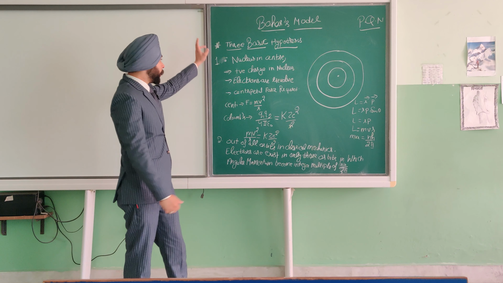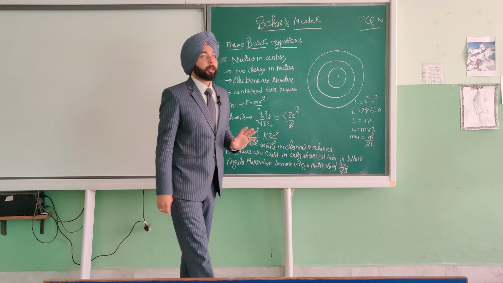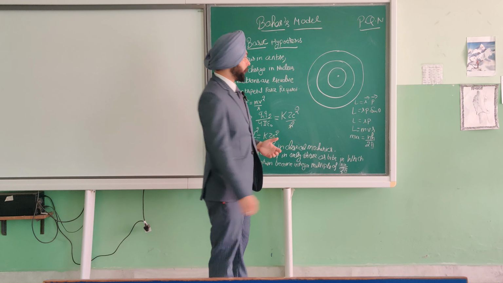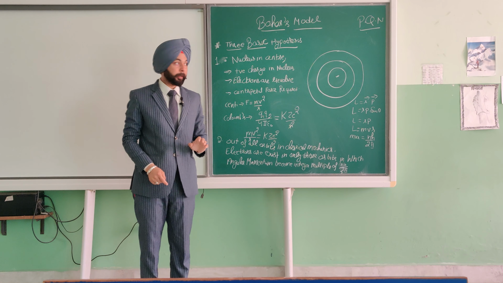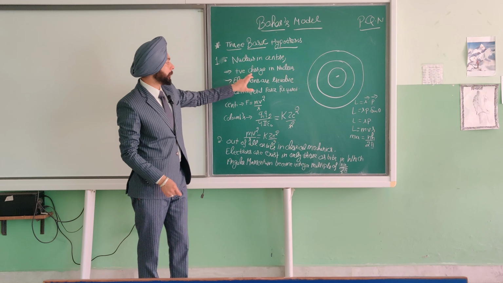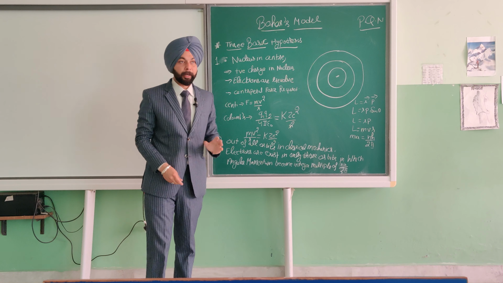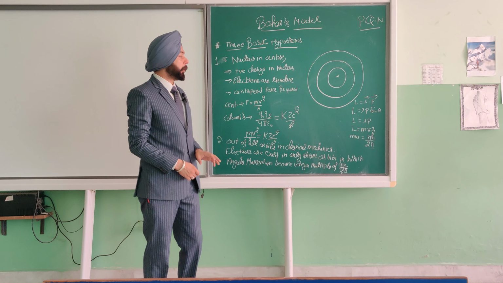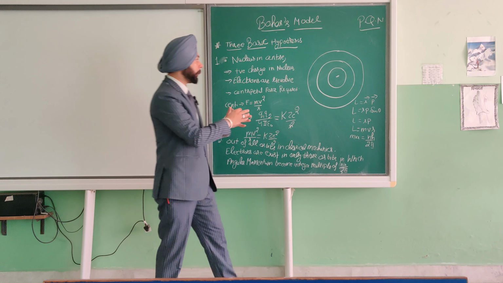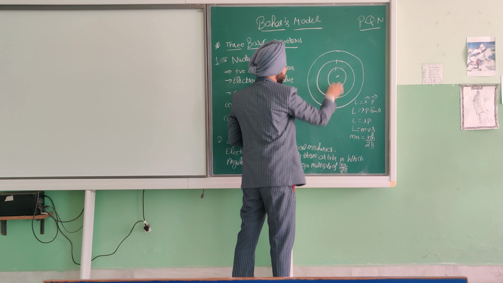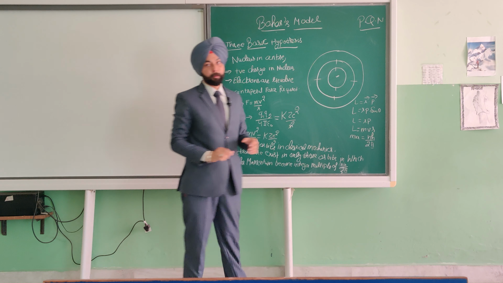According to Bohr, at the center of the atom is a nucleus, and positive charge is present in the nucleus, and electrons revolve around the nucleus. This means electrons revolve in a circular orbit.